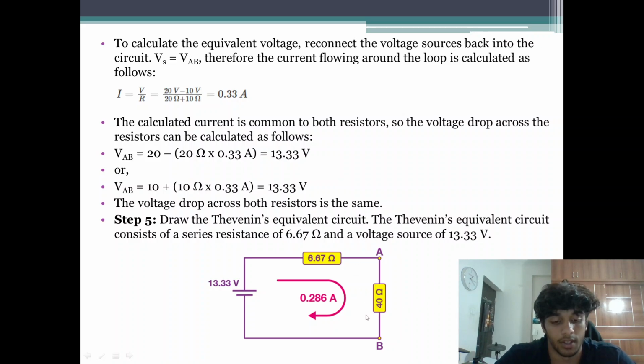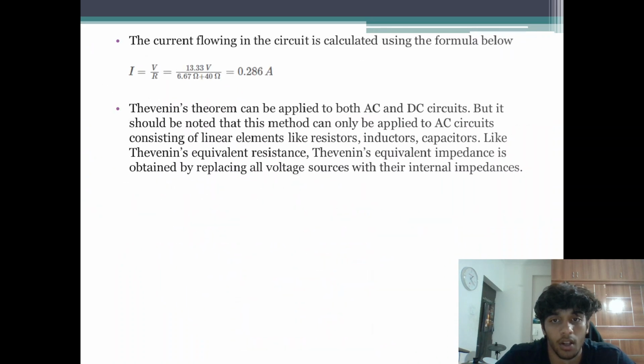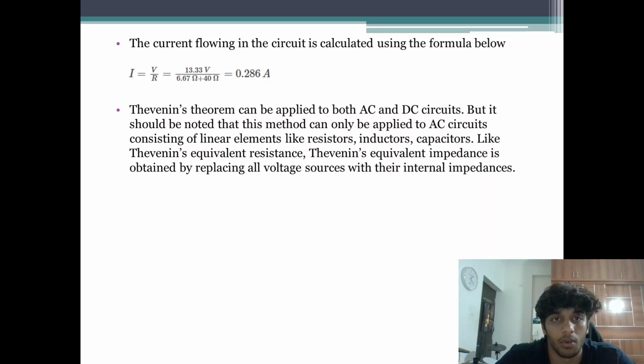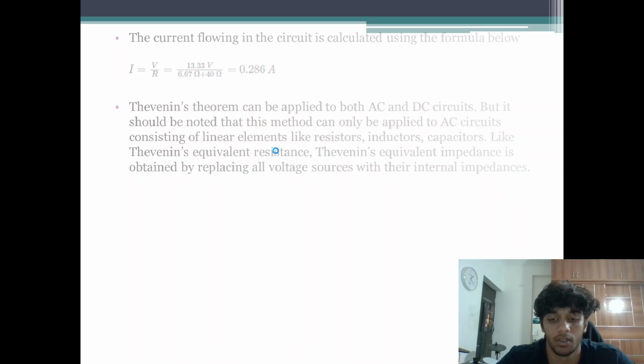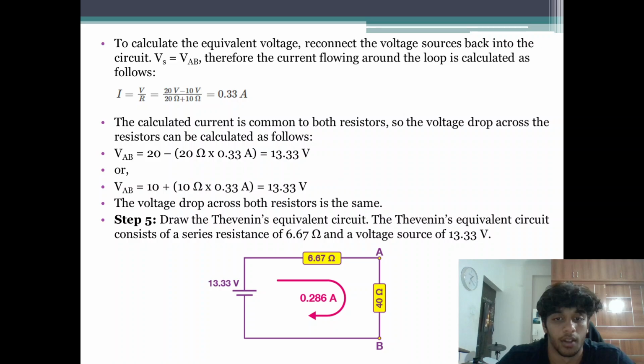So it is reconnected, and we're going to analyze the circuit using Ohm's law and the calculations. This is going to be the current flowing in the circuit, which we already know. So here we got 0.286 A, which we calculated previously. That's the current flowing through the circuit.